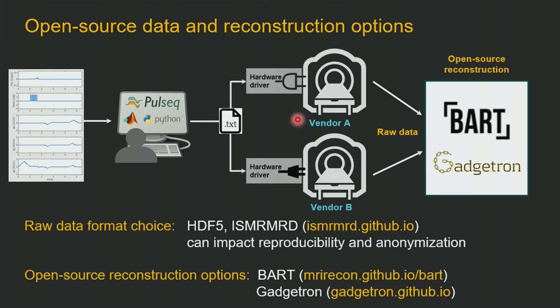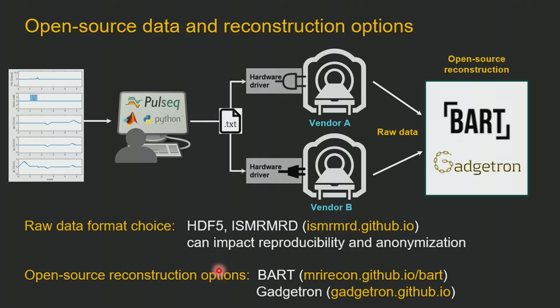So then you can ask, all right, I've collected my open sequence data. Now I would still like to make images. So of course, you have to, at some point, do the process of getting your raw data and turning it into images. But again, we'd like to do this in an open science way. So just a couple points there, right?